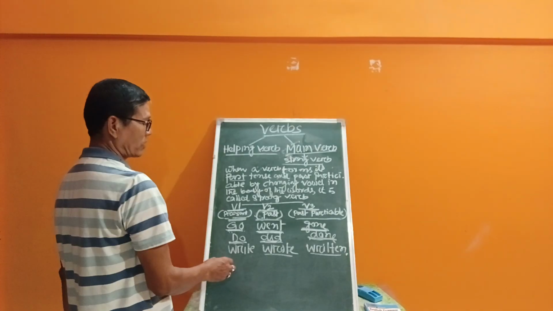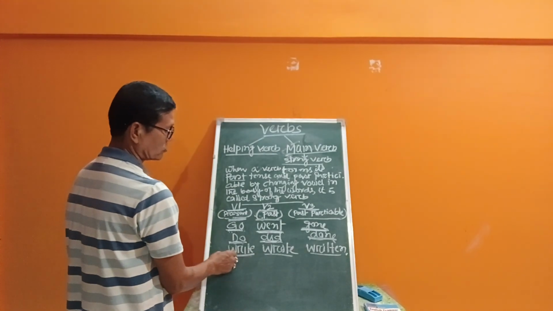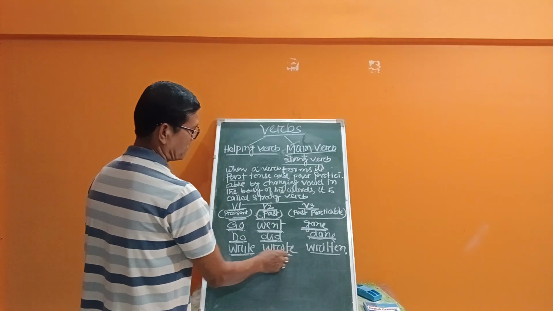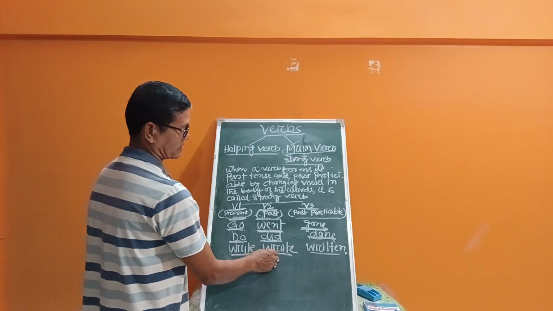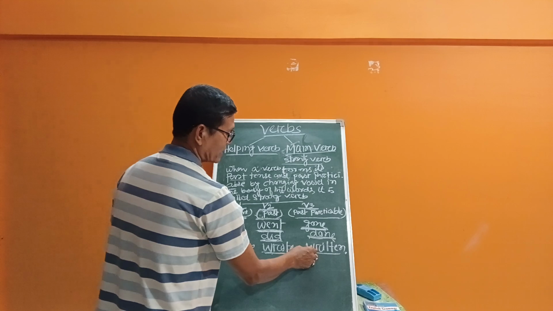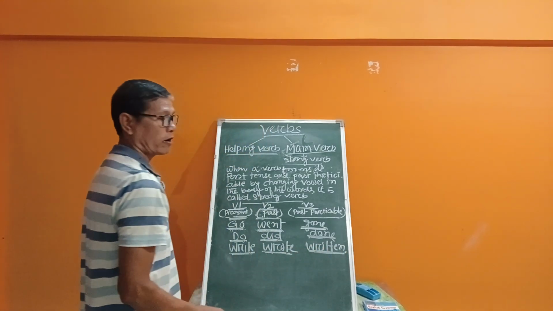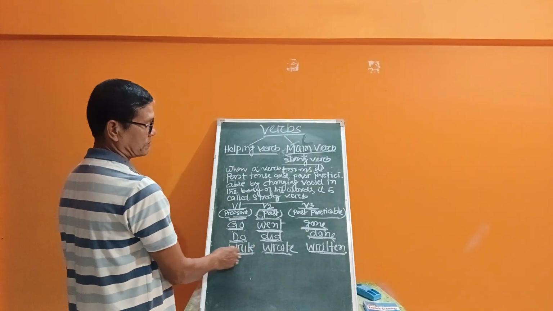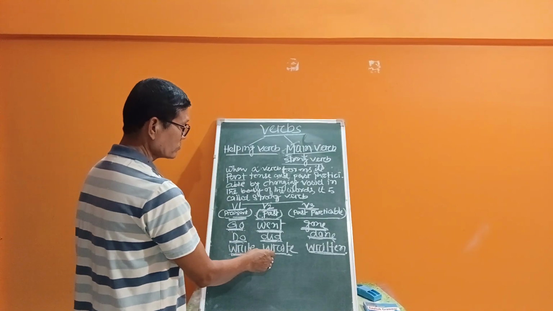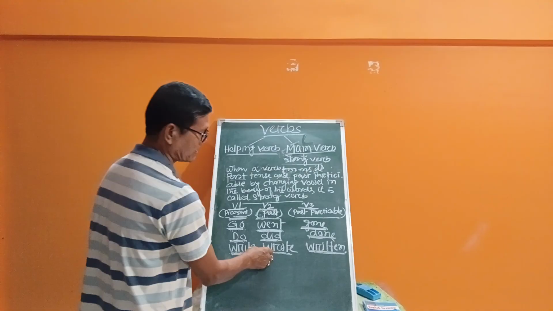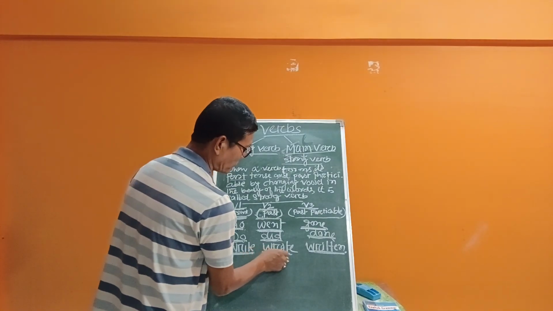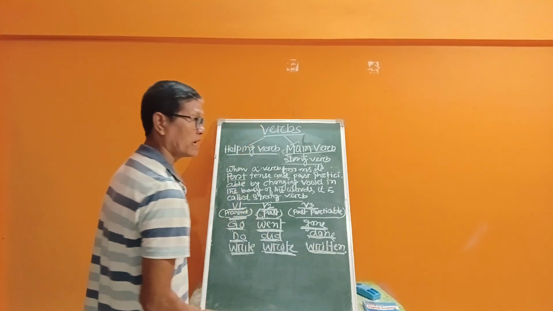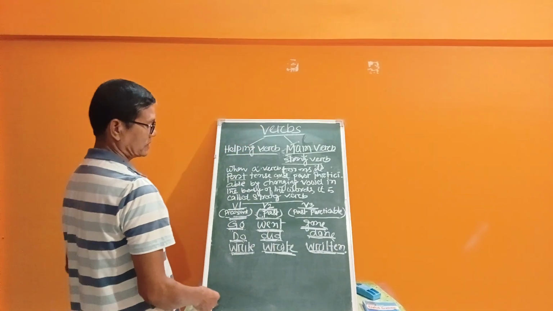Likewise, write is a present verb, and wrote is the past tense, made by changing the vowel in the body of the word. And written also changes the vowel in the body of the word. So we make wrote and written by changing the vowel in the body of the word.